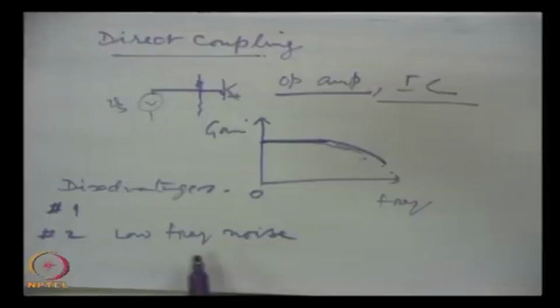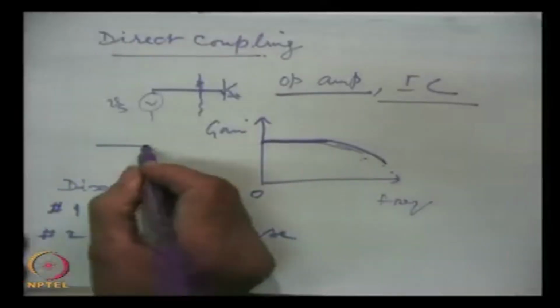This problem can be taken care of by using more advanced circuits like differential amplifiers, where we can filter out these noises by a different mechanism that we will see when we talk of differential and operational amplifiers.